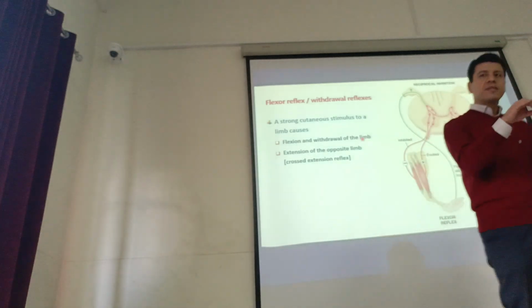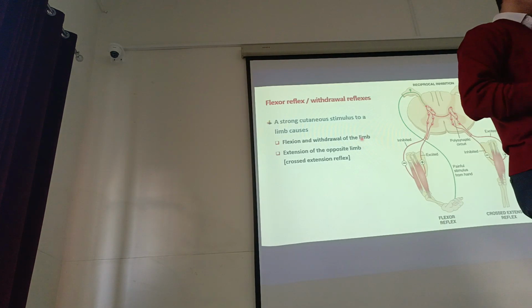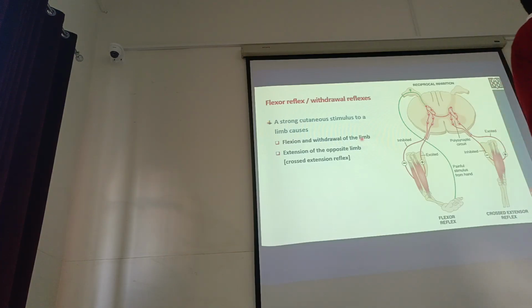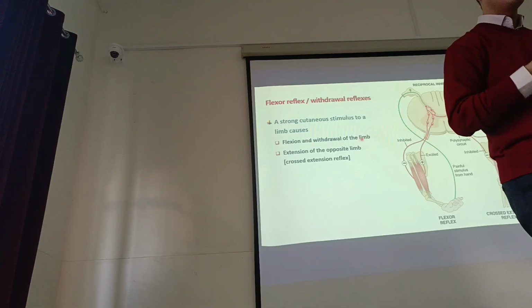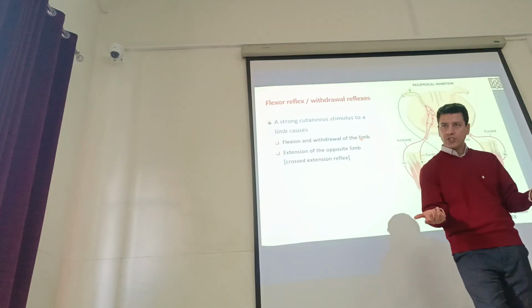Remember that the receptor for this reflex is not located in the muscle. For a stretch reflex, spindles are in the muscle. For Golgi tendon reflex, GTOs are in the tendon of the muscle. But here the receptors are in the skin, right? They are pain receptors actually.